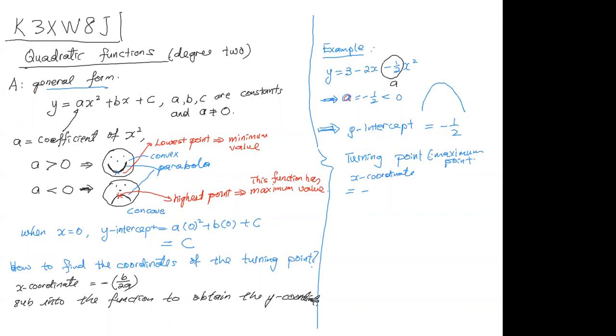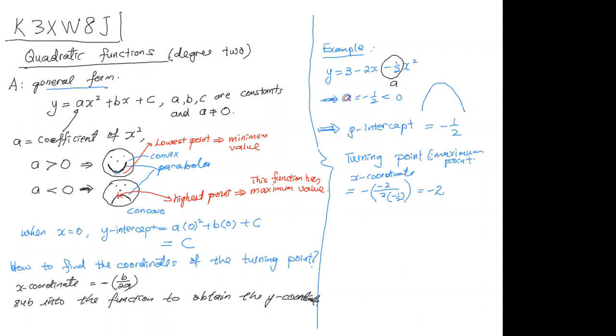What is my b? -2. Over 2 times a. What is my a? Negative half. So the answer is negative 2.